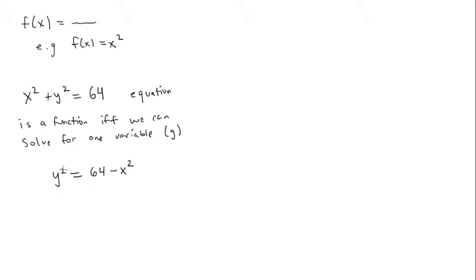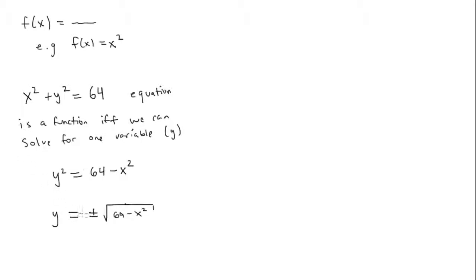And then what you naturally would want to do is take the square root of both sides, and that's fine, except when you square root something squared, you actually get an absolute value, and that means that we end up with a plus or minus on the other side. So it's not enough to just say y equals the square root of 64 minus x squared. It really could be both plus and minus.